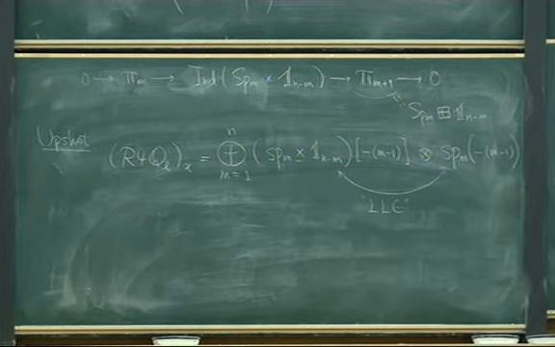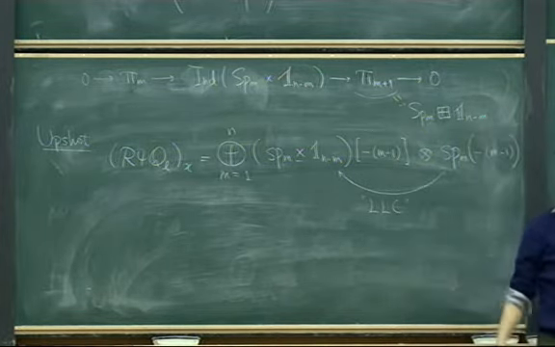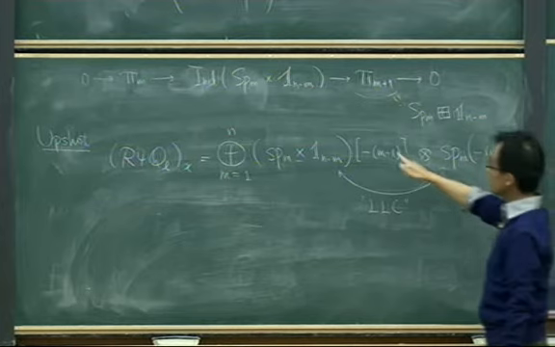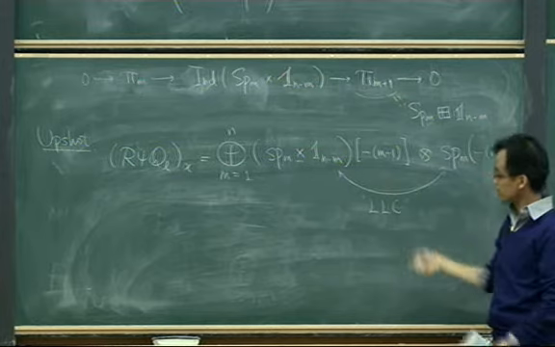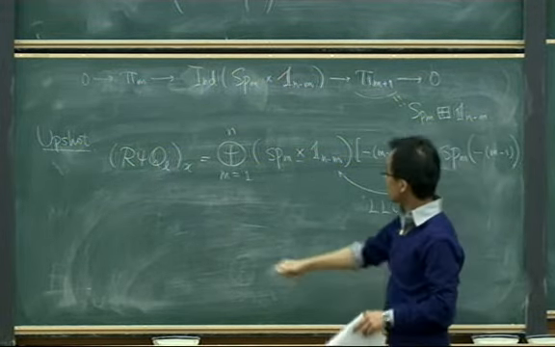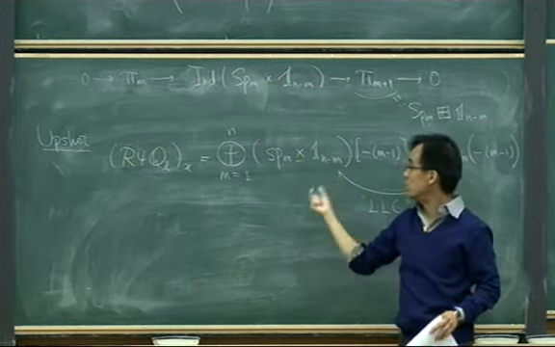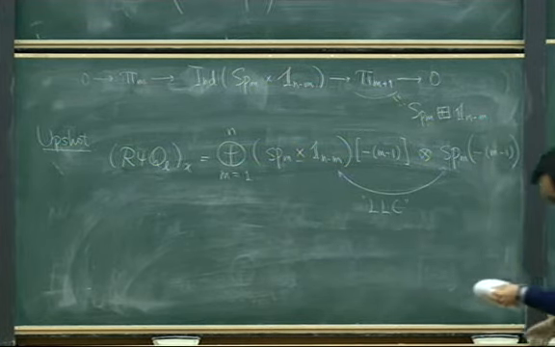So whenever you have non-tempered things, the definition of local Langlands becomes a bit subtle. And for GLN, you don't really care too much because you just pick one of the irreducible constituents and define that this is the local Langlands counterpart. But from a geometric point of view, these non-tempered things will come in pairs. And if you take the cohomology groups of this complex, then you will only see one of them. So that's the difference.